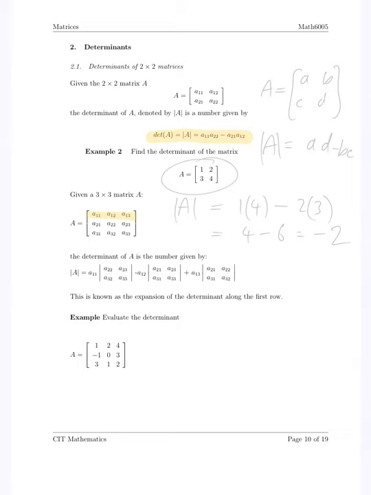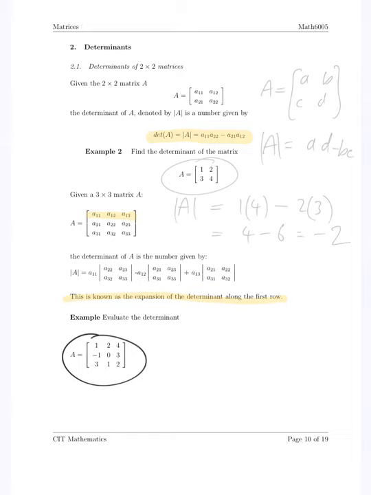Using this formula is known as the expansion of the determinant along the first row. So I'll do this once, and then we'll discuss how we got that formula and other ways of calculating a determinant for a 3 by 3 matrix. So take this one.